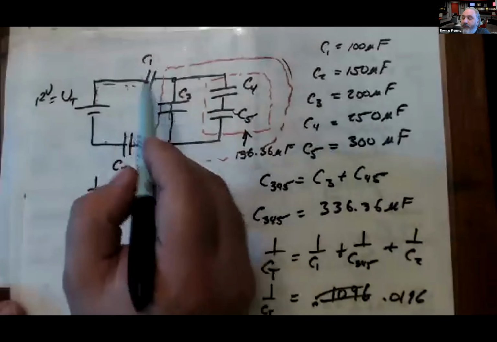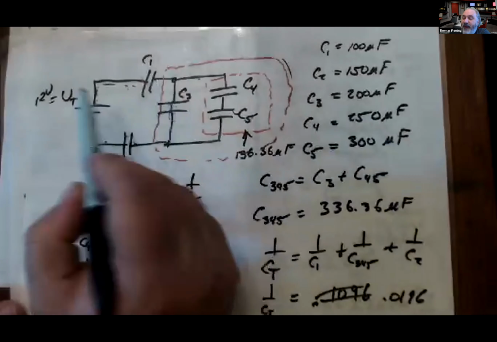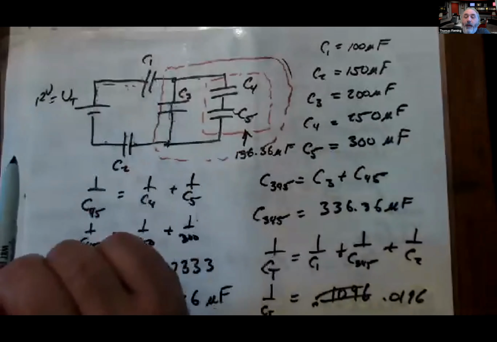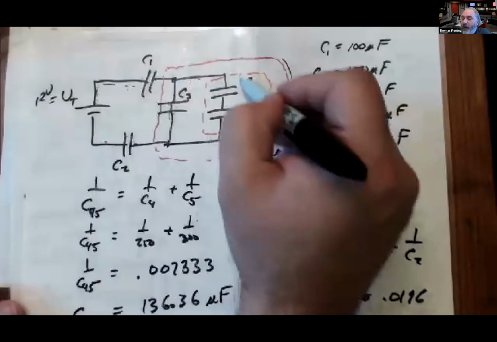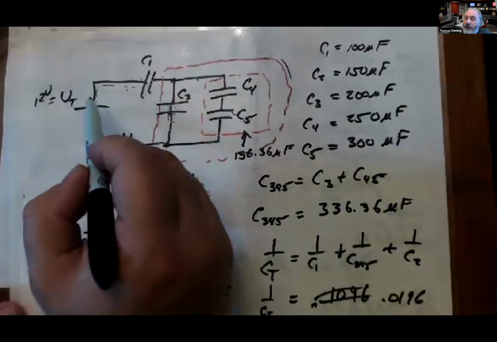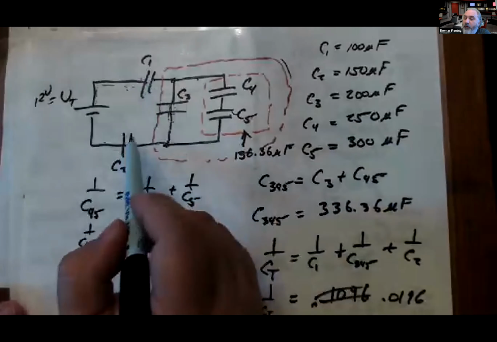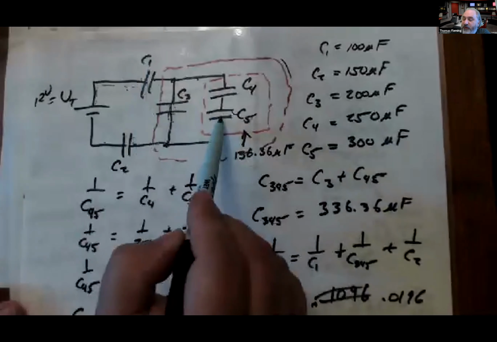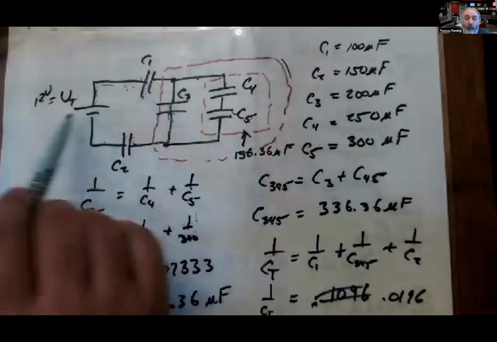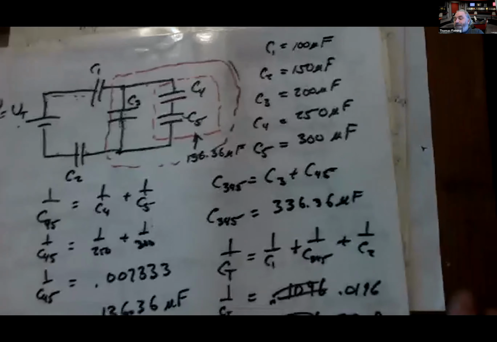So this V plus this V plus this V has to add up to 12. By the same reasoning, if I go around the other way, I started off at 12, I got to drop some more. So this V plus this V plus this V plus this V adds up to 12. So that's going to help me fill in some blanks.